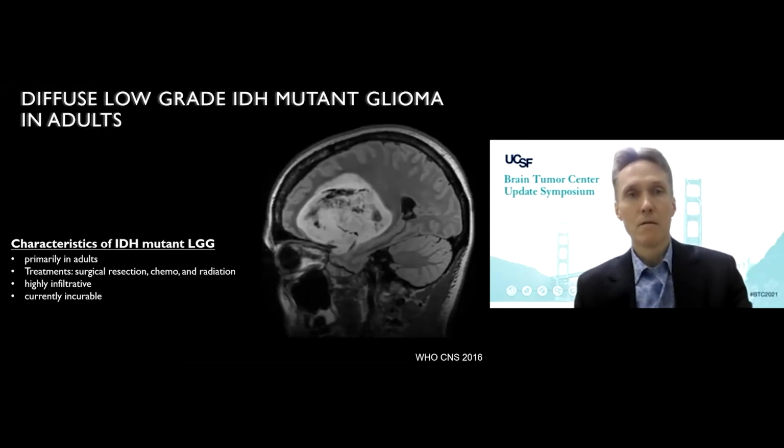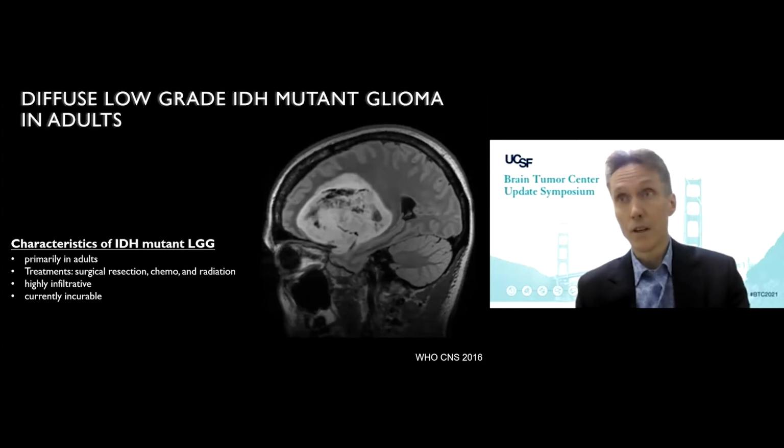IDH mutant low-grade glioma in adults is the tumor type that we study, and these are generally very slow-growing tumors where recurrence is sometimes years or even decades later. The primary treatment, of course, is surgical resection of the tumor, and in some cases, that is followed by radiation and chemotherapy.